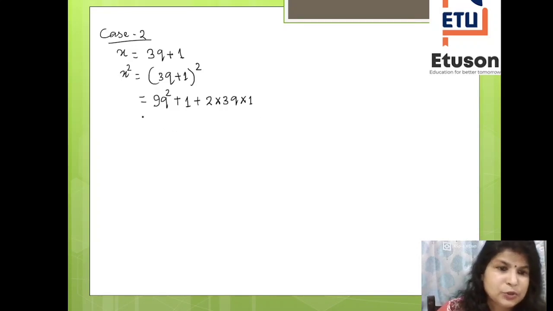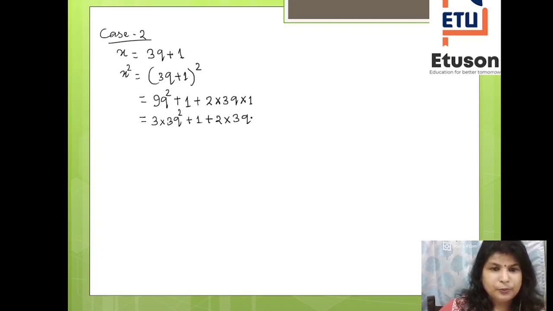Correct, children? So now 9q square can be written as 3 into 3q square, plus 1 plus 2 into 3q.